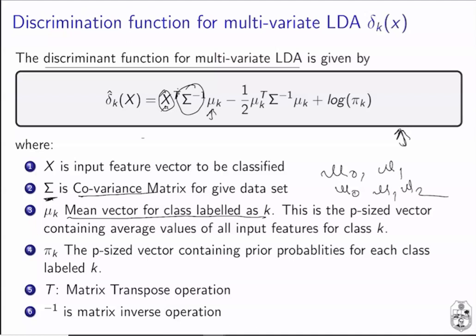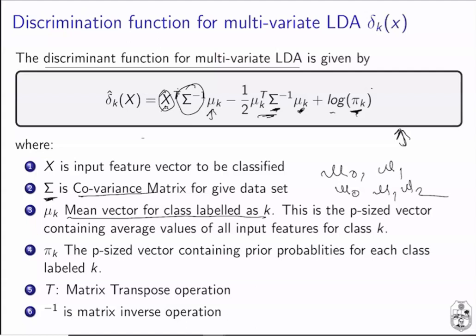So minus half of mu k transpose. Mu k transpose means take the transpose of the mean vector, then multiply it with sigma inverse, that is the inverse of the covariance matrix. Then this mu k means the mean vector. Add the log of pi k. Pi k here is the prior probability.